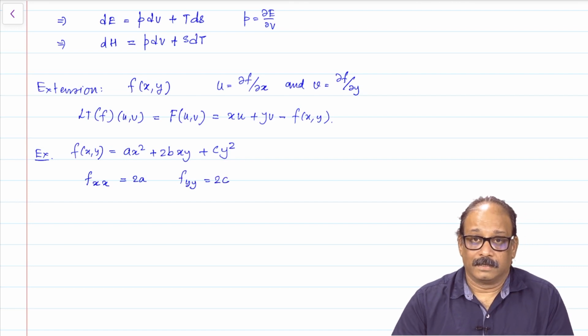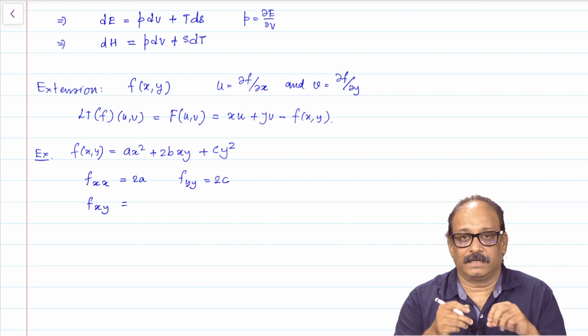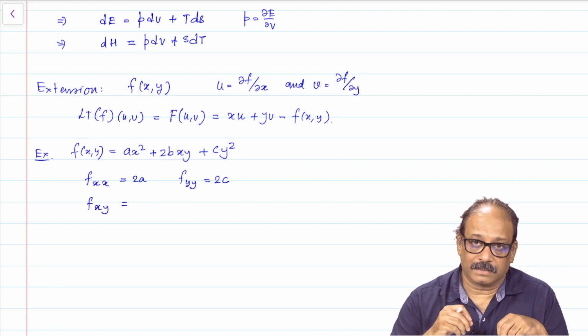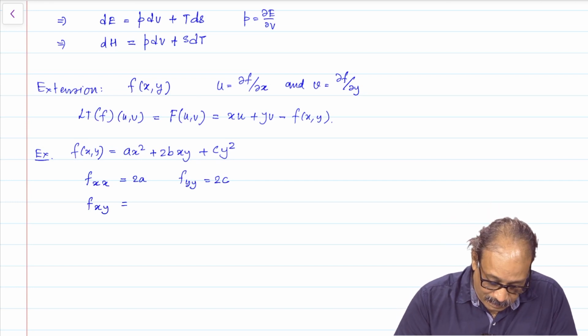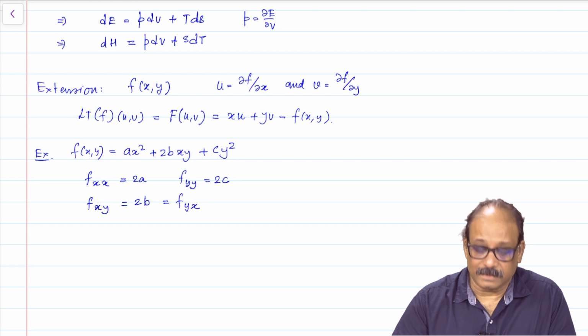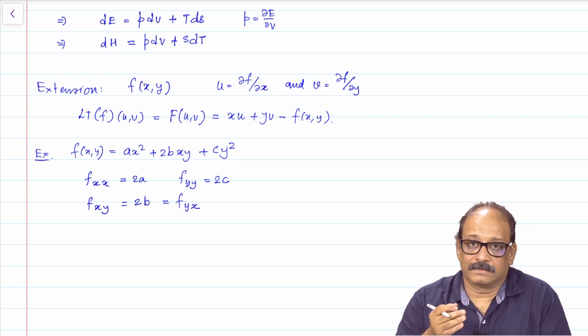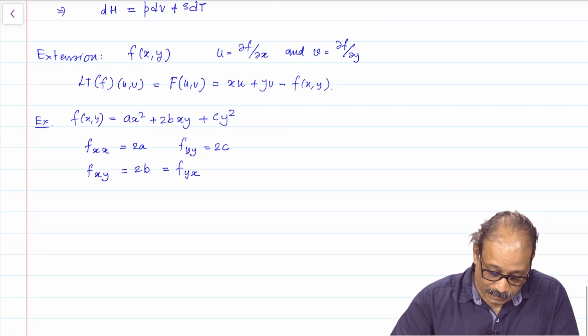And then you can also take a cross partial derivative, which will be f x y, which means take the derivative of f first with respect to x, then with respect to y. And that will be 2 times b, and this is also equal to f y x. So, the order of the partial derivative will not matter as long as the partial derivatives themselves are continuous. Okay. So, now I have this.